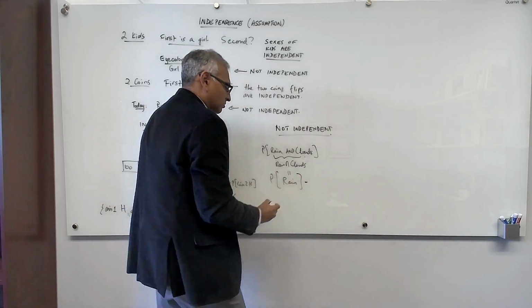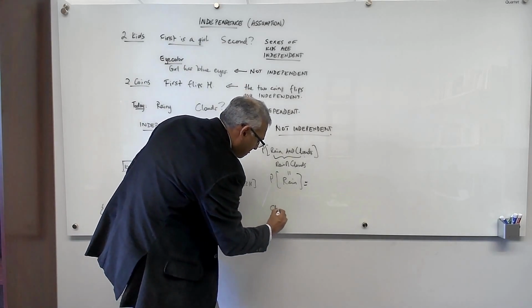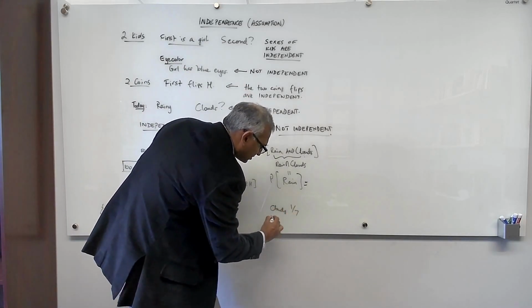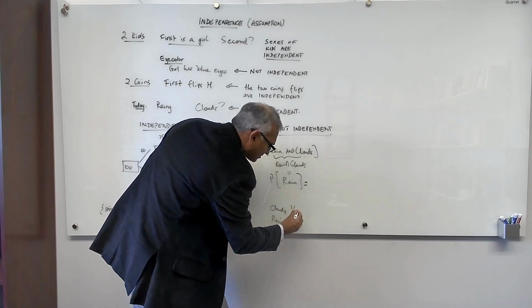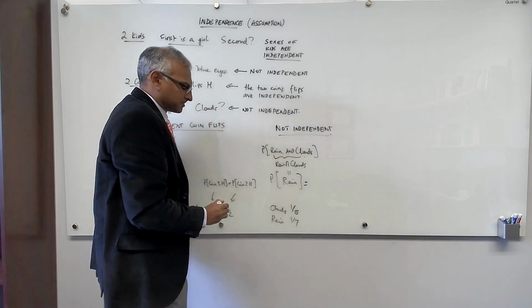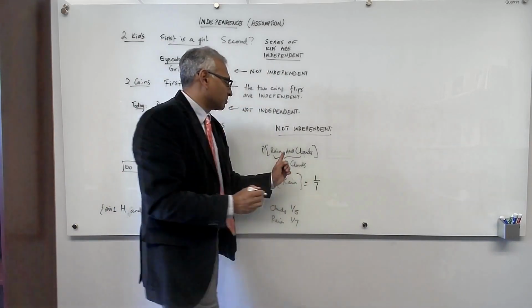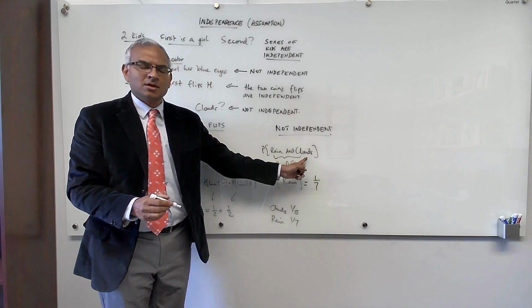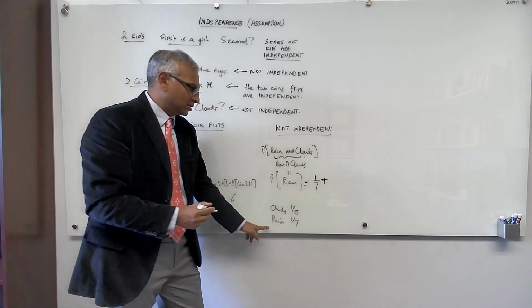Which is, when we talked last time, we said that it's cloudy 1 in 5 days and it's raining 1 in 7 days. So the probability of rain is just 1 in 7, which is also the probability of rain and clouds, but this is not equal to the probability of clouds times the probability of rain.